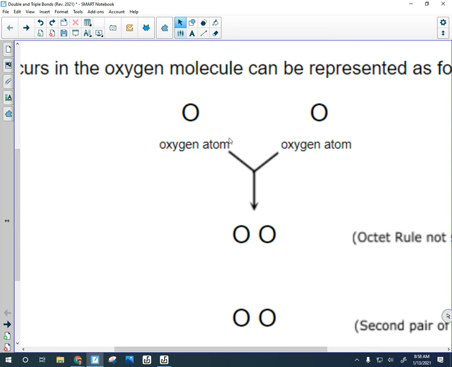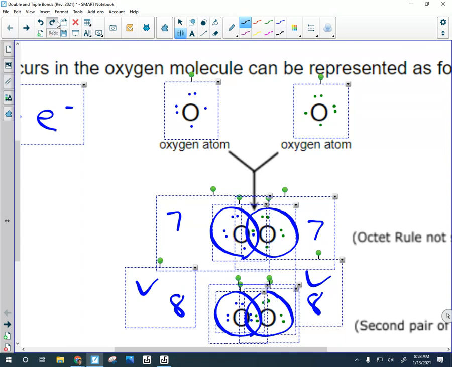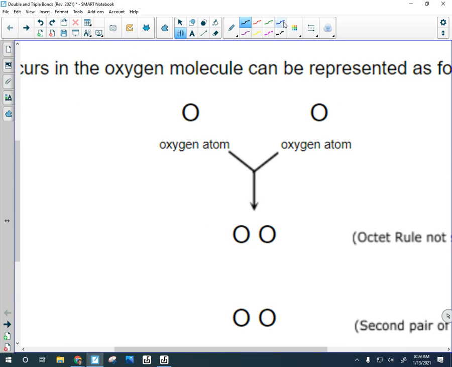It's not drawing. Oh, there, caught up. That was weird. Okay, try that again. All right, so it's going to have 6 valence electrons, which I might fill in like this: 1, 2, 3, 4, 5, 6.